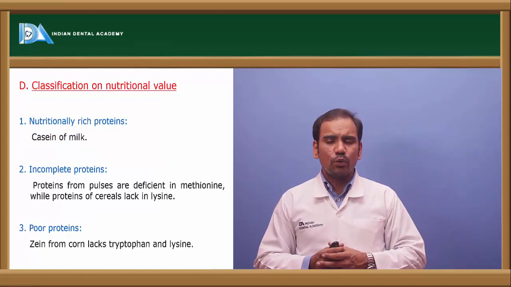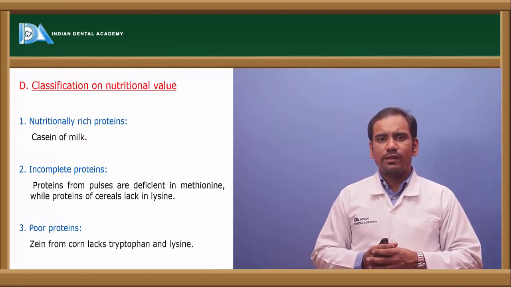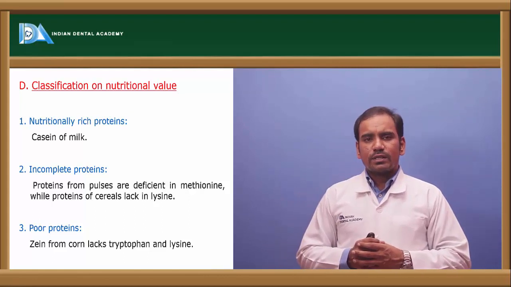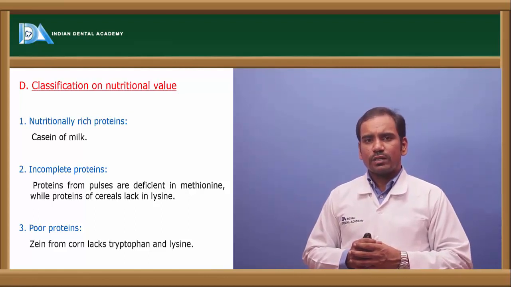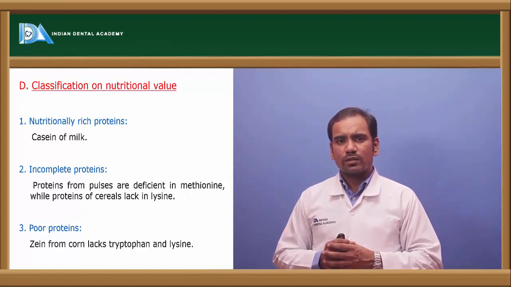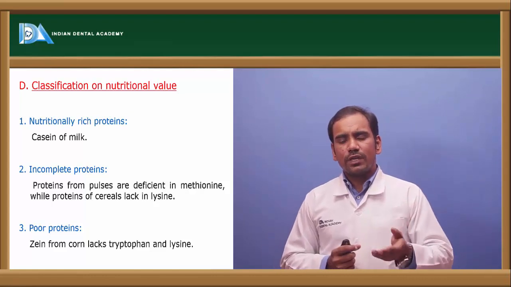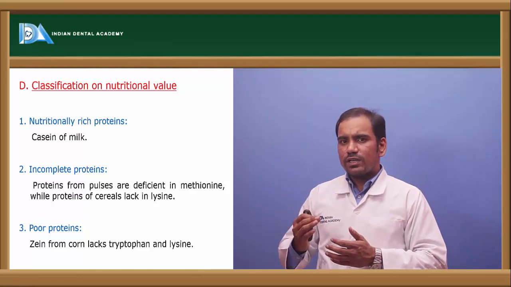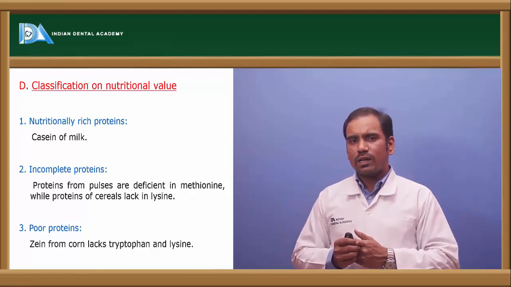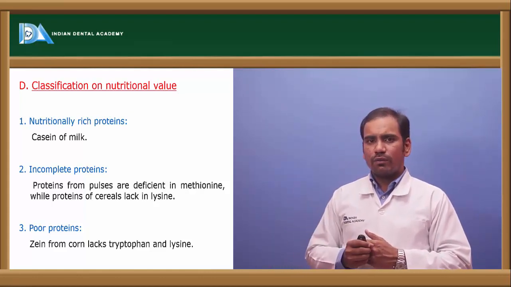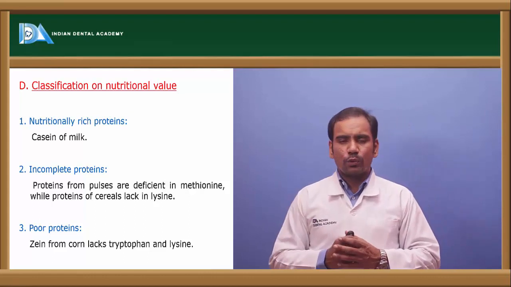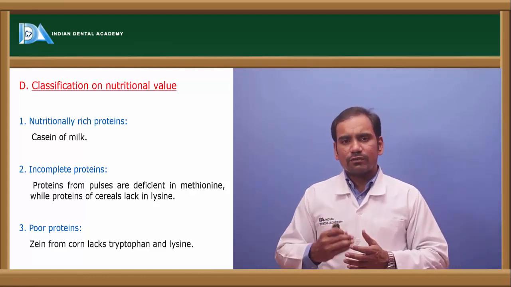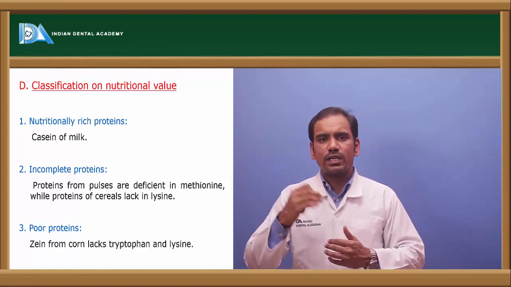So classification of proteins based on the nutritional value, right? So we have discussed in the classification of amino acids that we have two types of amino acids based on their nutritional value: essential amino acids and non-essential amino acids. And coming to classification of proteins based on the nutritional value, we can have three types of proteins: nutritionally rich proteins, incomplete proteins, and poor proteins. Right? So this classification is based on the presence of essential amino acids.